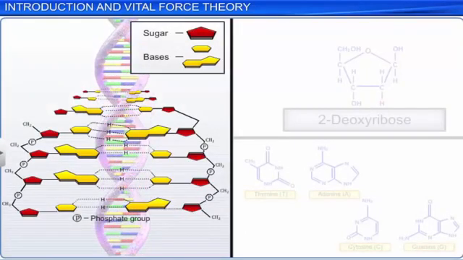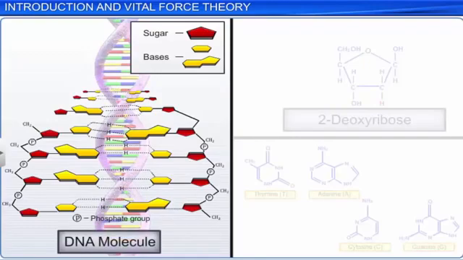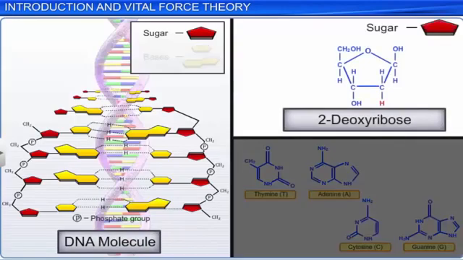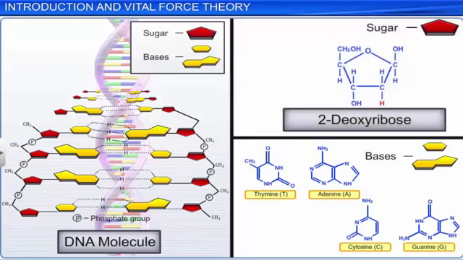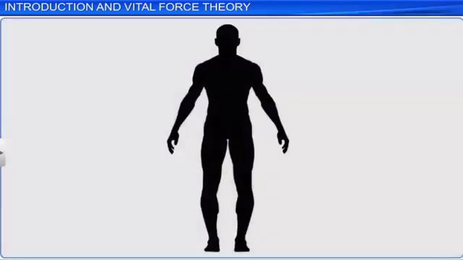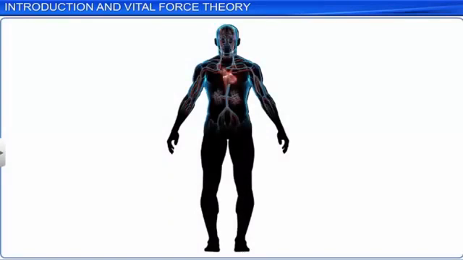For example, deoxyribonucleic acid or DNA is made up of sugar like 2-deoxyribose and nitrogenous bases. In blood, muscles, and skin.